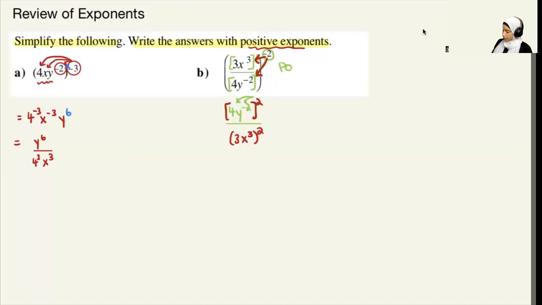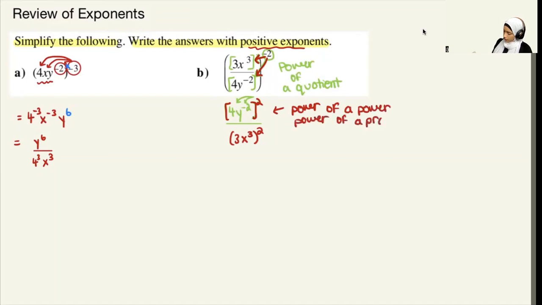So over here I have power of a quotient. We have a division and it's being raised to a power. Now for each individual one of these, I have power of a power. You can also see it as power of a product.